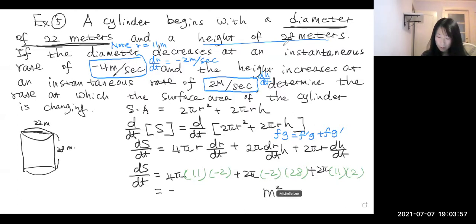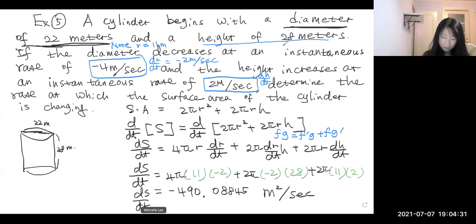The unit is meters squared per second. The unit is important too, right? Negative 490.08845. Okay, thank you. So this is the final answer, okay?